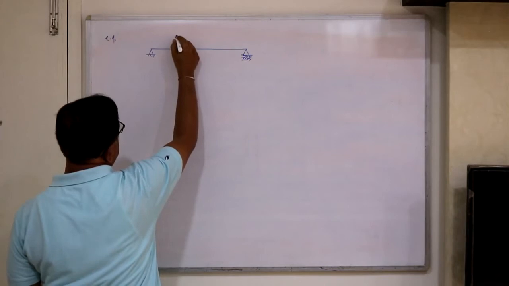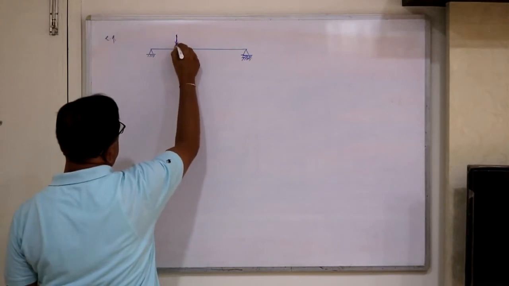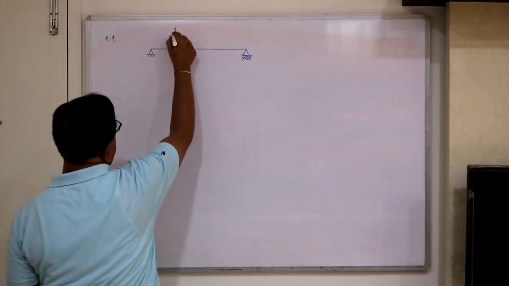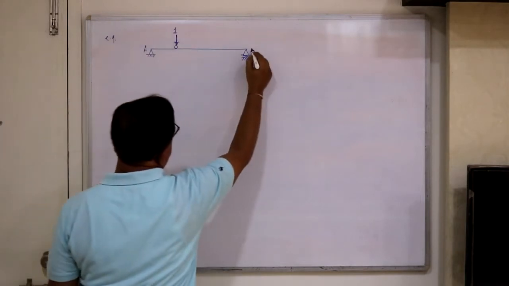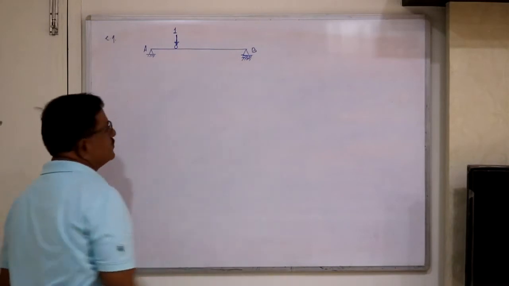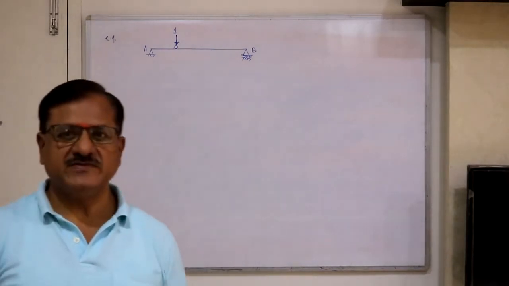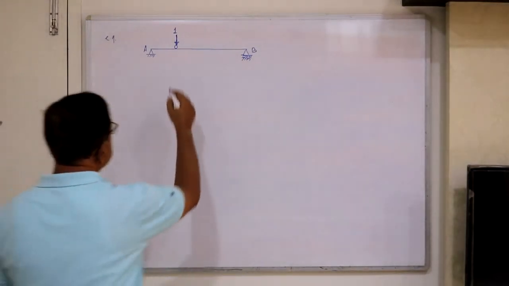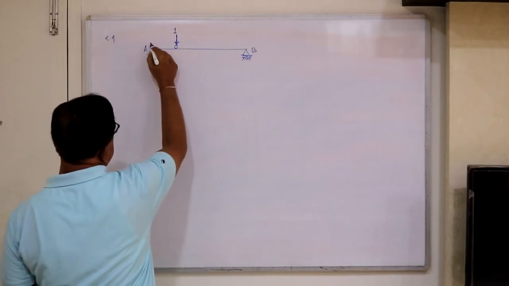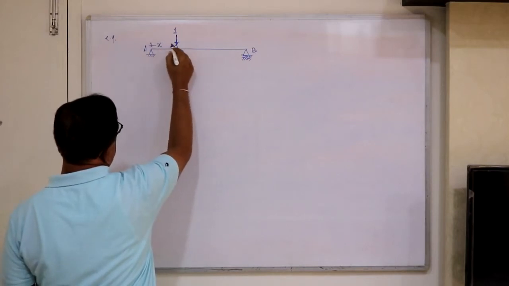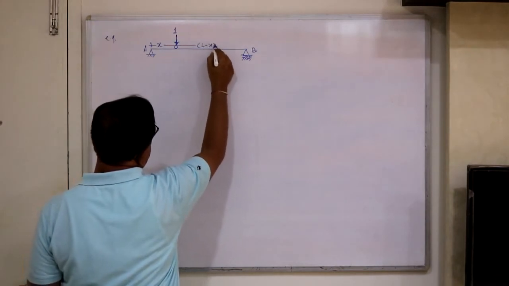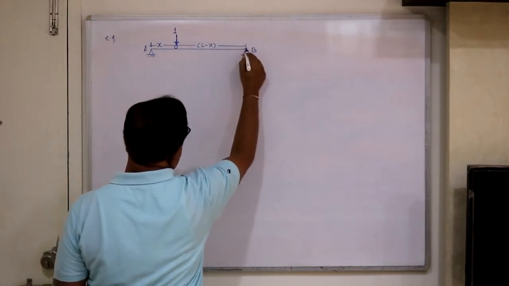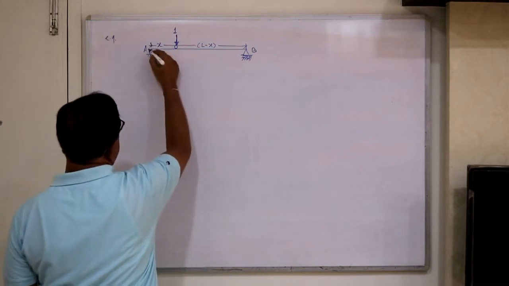Say this is a unit load, this is A, this is B. So a unit load is moving from left to right. The position of load varies. Let's consider x is the position and the remaining distance is L minus x, and total span is L.